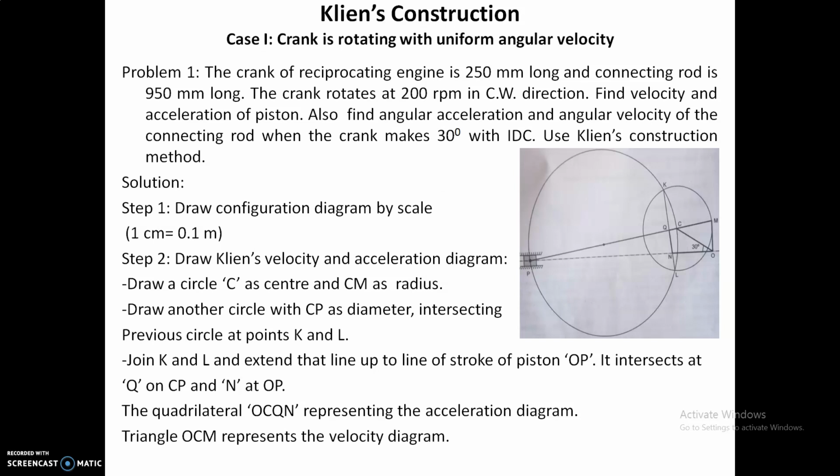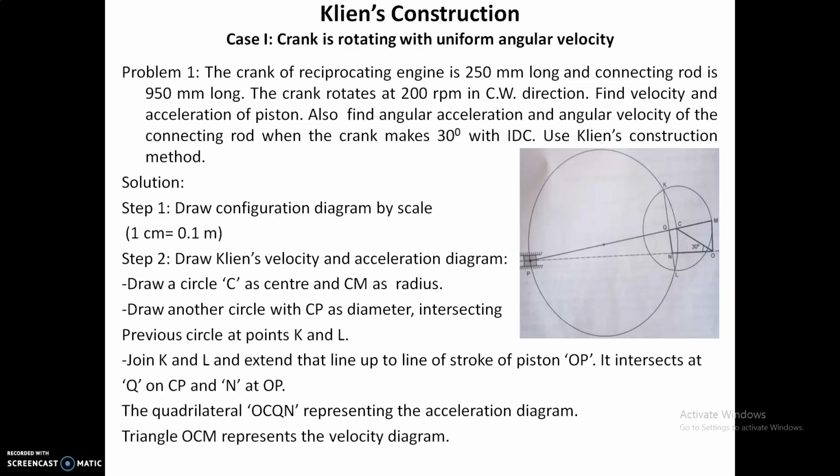Let us see the problem. The crank of a reciprocating engine is given as 250 mm long. The length of the connecting rod is given as 950 mm. The crank is rotating at 200 rpm in the clockwise direction. The position of the crank is given as 30° with IDC.